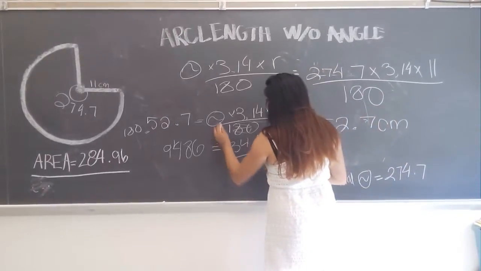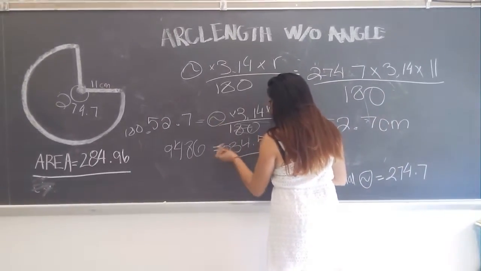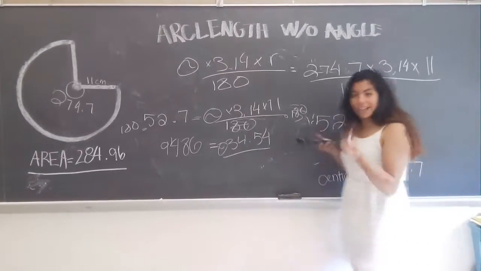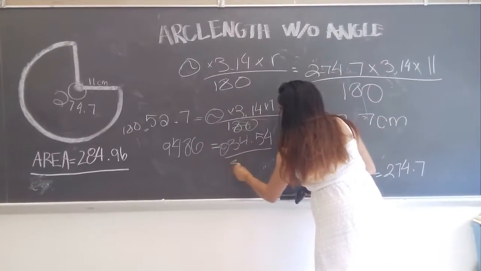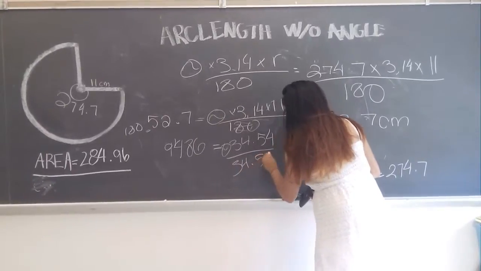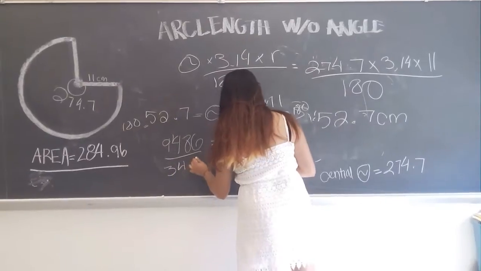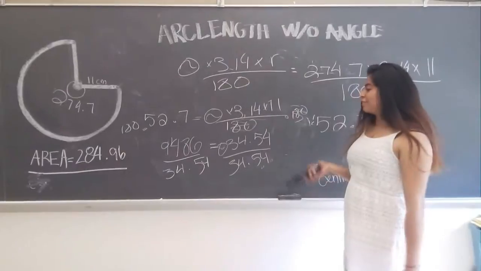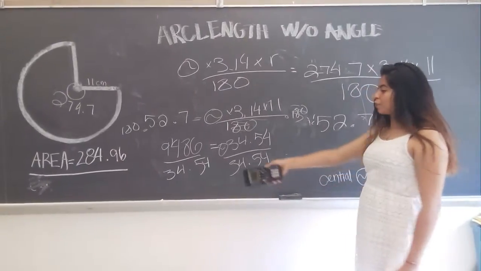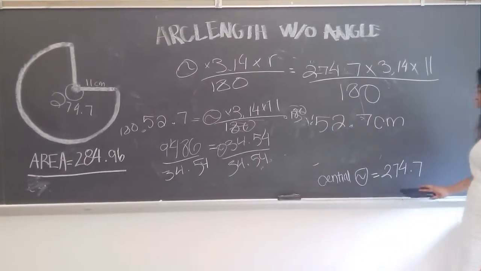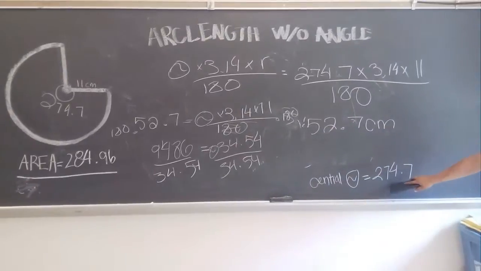And then you want your central angle, even though we already know what it is, but we're trying to figure this out. So we divide on both sides. Like I said, you want it to be equaled out. 9,486 divided by 34.54, and you will get your central angle, which is 274.7.